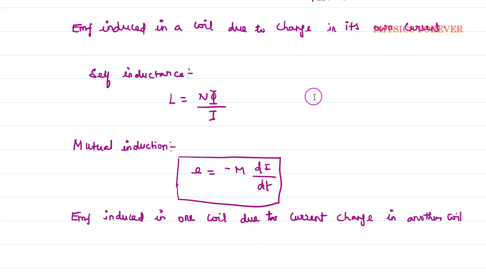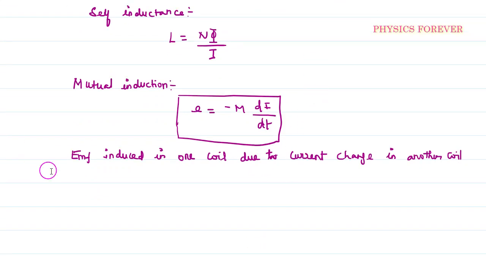Similarly, how to write mutual inductance? Mutual inductance M can be written as N2 phi 21 divided by I1.